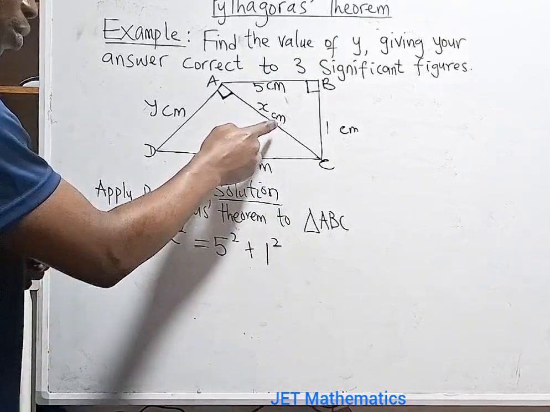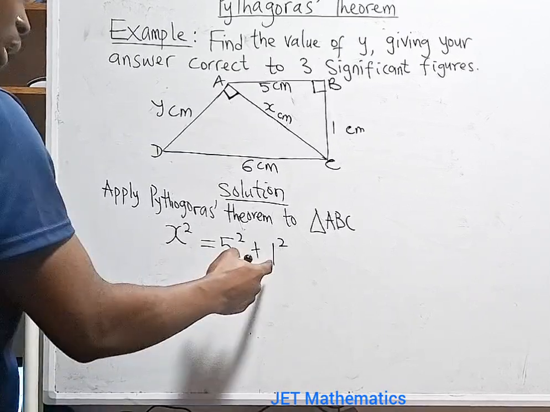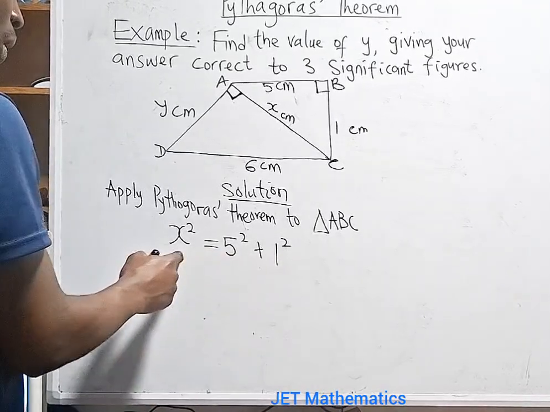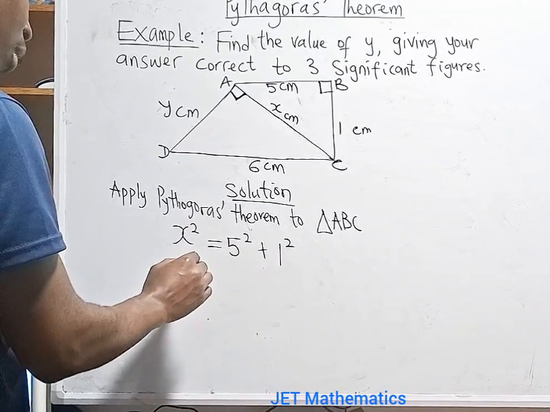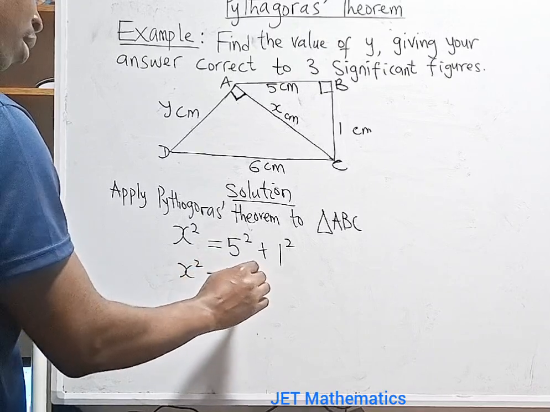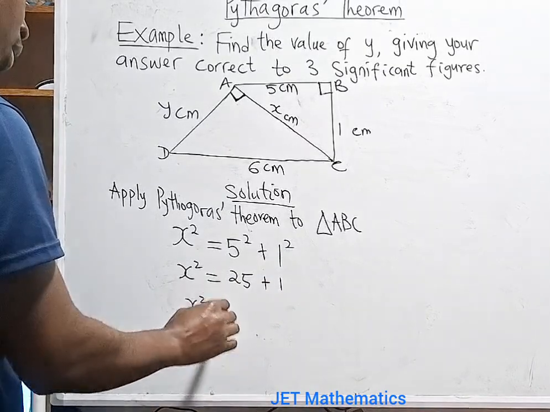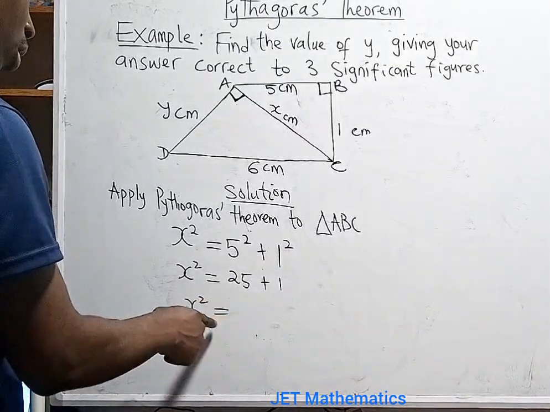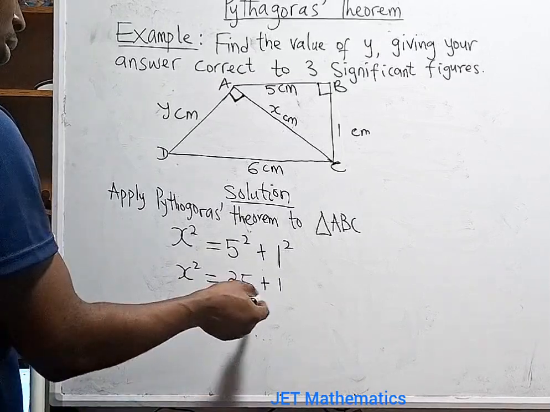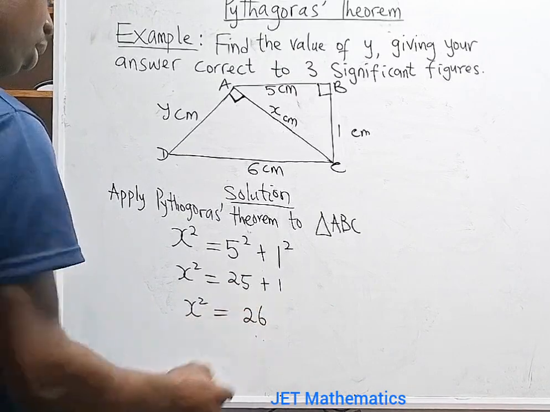Sure. So the next thing we'll do, we just solve, and then we have x squared is equal to 25 plus 1, and then x squared is equal to 26.